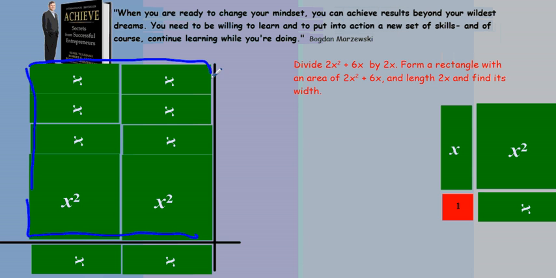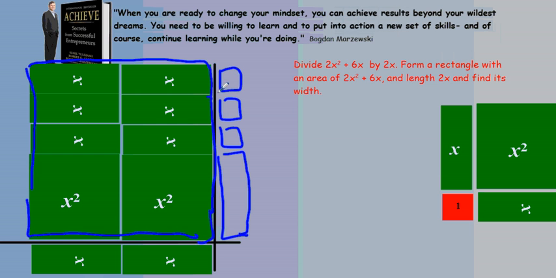So we have to divide this by 2x in order to find the missing pieces on this side. We have to figure out what tile possibly could fit on this side. When you multiply by 2x, you must get 2x squared plus 6x.